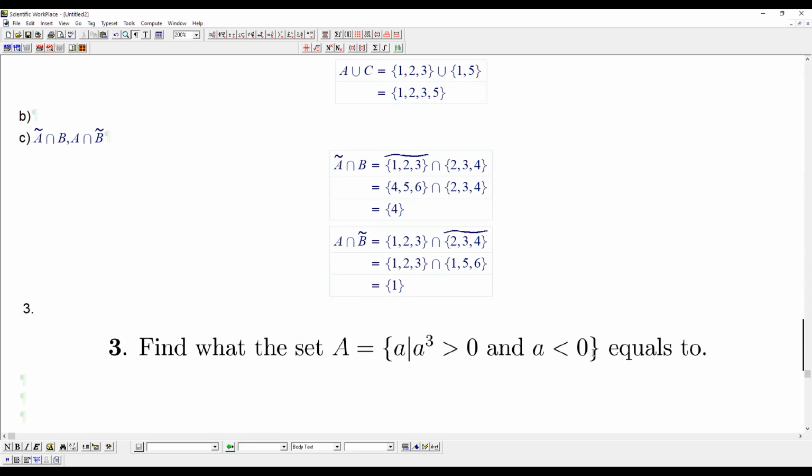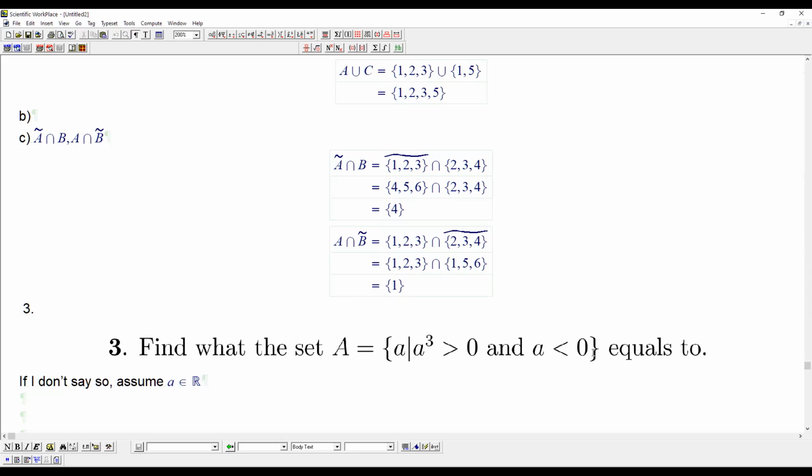Oh yeah, I didn't say so, but if I don't say so, assume A is an element of the real numbers.